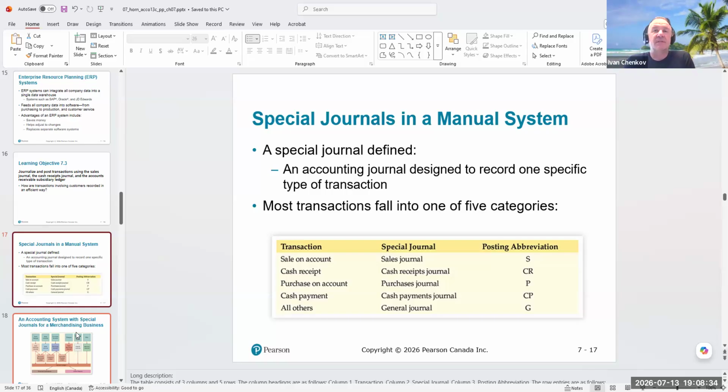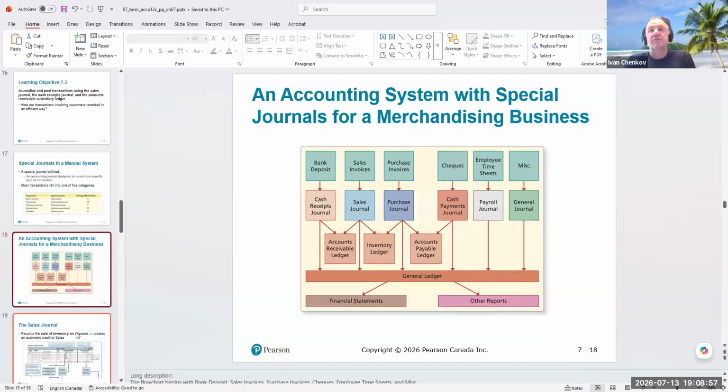If we have a cash receipt, it's going to go to a special journal called the cash receipt journal. If we have a purchase on account transaction, that goes to the special journal called the purchase journal. Cash payments are going to go to the cash payment journal. Anything else is going to go to the general journal. Now, how is this going to work?